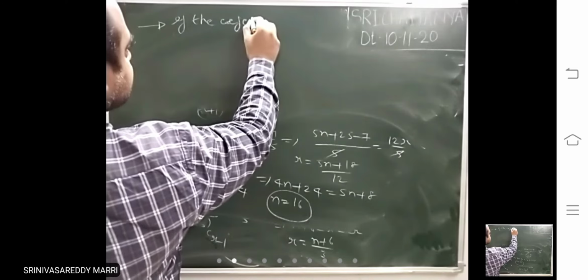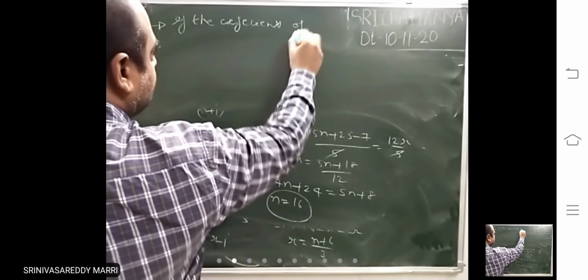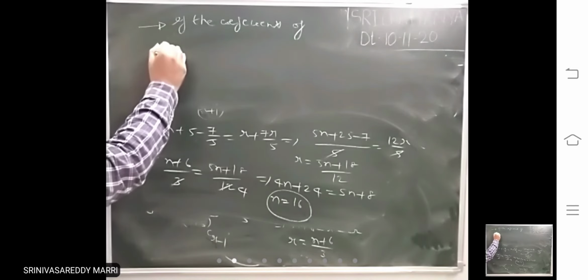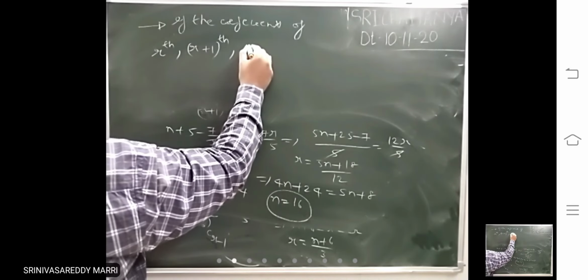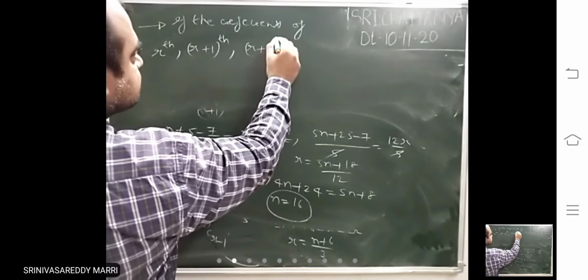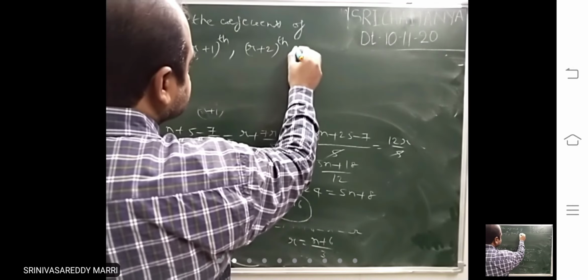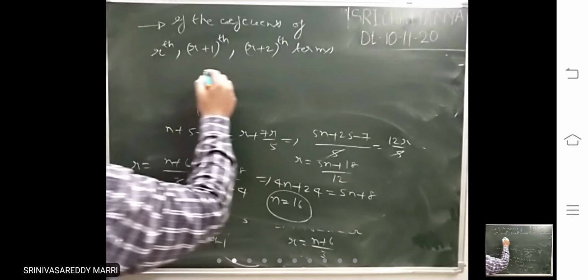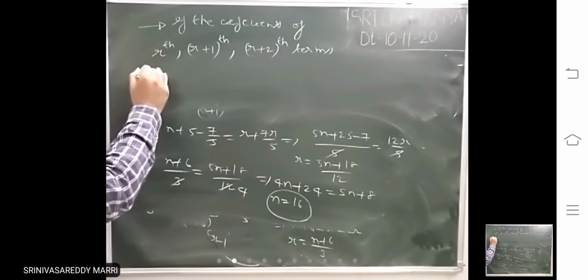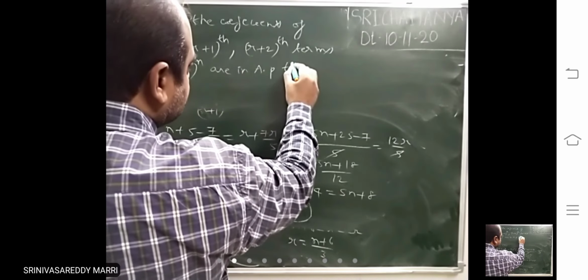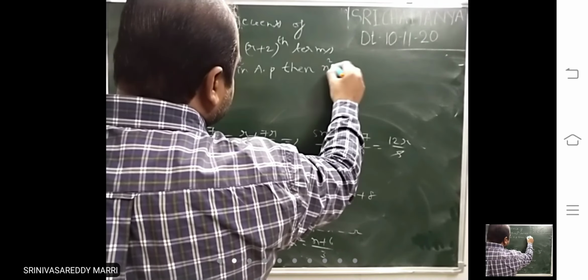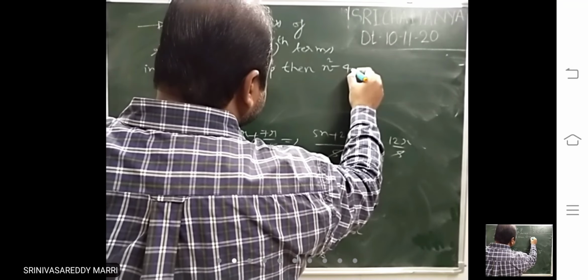If the coefficients of rth, r plus 1th, r plus 2th terms in (1 plus x) whole power n are in AP, then you will get the formula n square minus (4r plus 1)n plus 4r square minus 2 equals 0.